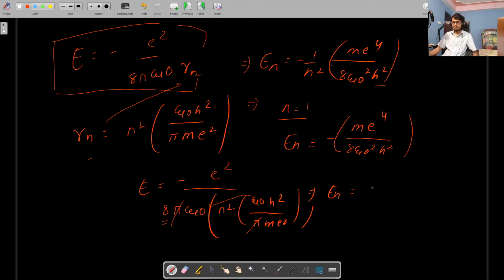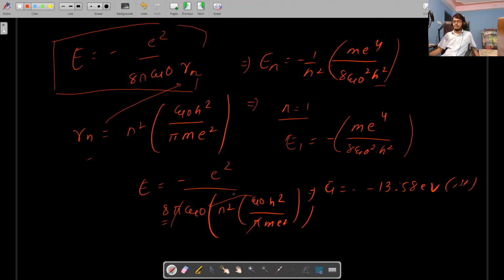That is minus, this is a constant value, you should remember it, minus 13.58 eV. So this is the energy of the first orbit, not En, this is E1, okay? Because in place of n, we are replacing n with 1. So E1 will be equal to a fixed value of minus 13.58 electron volt. Is it correct? Yes. So we get a generalized value of E for the first orbit.